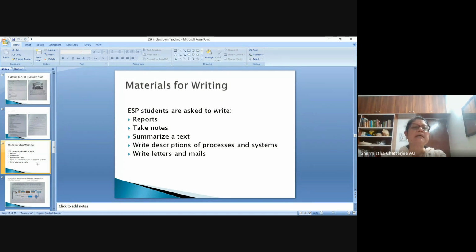I will try to again show a sample. Before that, I will also read for you something. There are Kenneth and Bolito, who are experts. They talk about this idea of coherence in writing.